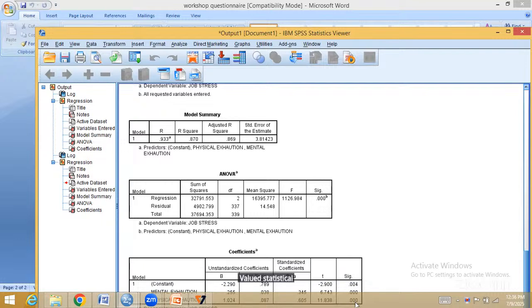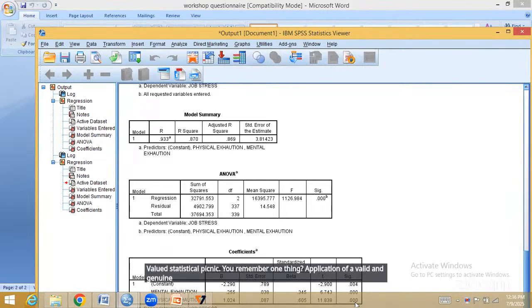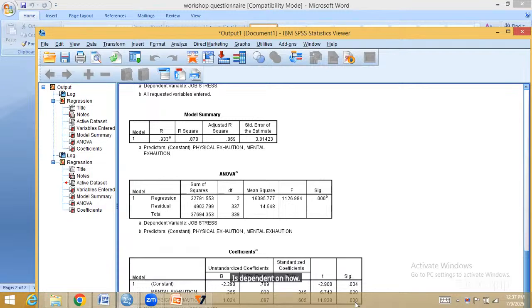for the measurement of a particular variable will demand the application of a valid statistical technique. You remember one thing, application of a valid and genuine or appropriate statistical method for testing of hypothesis is dependent on how you use different scales for the measurement of a variable in your questionnaire or interview schedule.